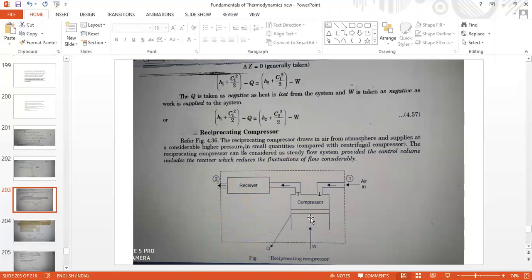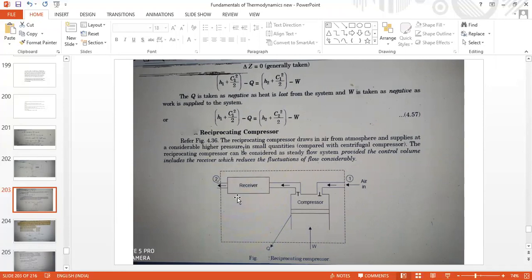Once this compressor is connected to external power, W is shown entering the compressor, meaning the compressor takes power, and by taking that power the piston reciprocates. That means the sucked-in air will be compressed and discharged through this outlet or delivery valve to a receiver or storage tank.